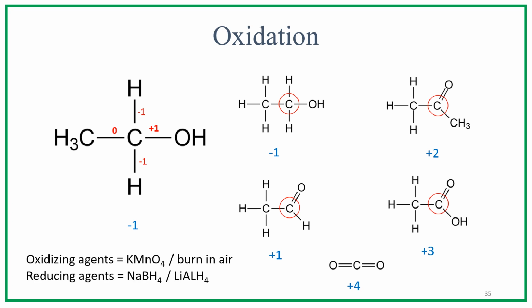Here, as we know, good oxidizing agents are KMnO4 and potassium dichromate, and finally burning in air is also an oxidation. Therefore you can oxidize this kind of compound by adding an oxidizing agent, and higher oxidized compounds we can reduce by using reducing agents, such as sodium borohydride and lithium aluminum hydride type of compounds.